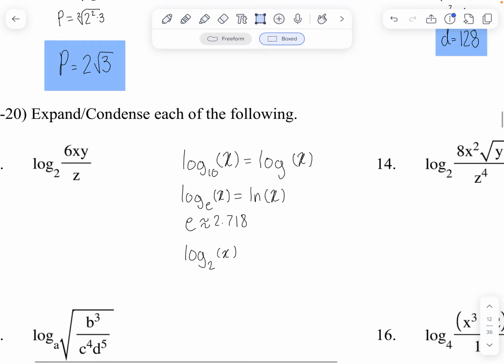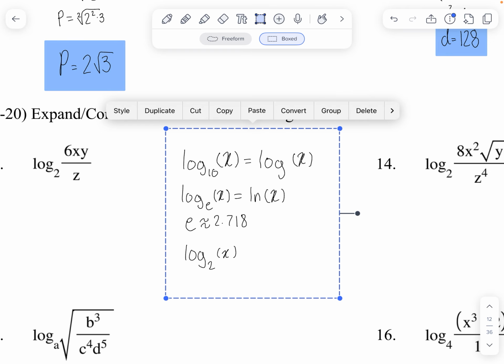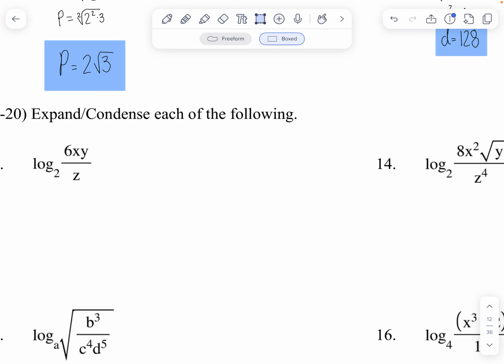Okay, now that we have each type of log written down, we can start learning about the key rules of logarithms. First, we need to understand the product rule.